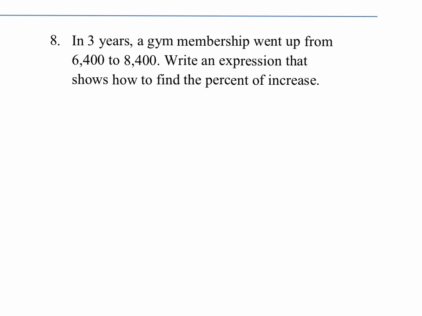Number 8, in 3 years, a gym membership went up from 6,400 to 8,400. Write an expression, yes, just a problem, that shows how to find the percent of increase. So once again, we're looking at a percent of increase-decrease problem where you have to find the change.